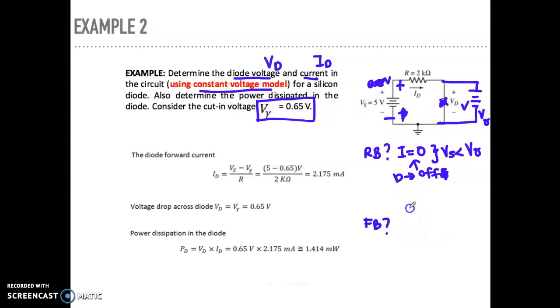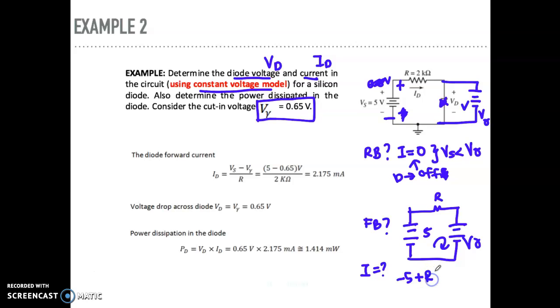Let's redraw: here it becomes 5, and you have a resistor. The diode will be on, and you replace it with V gamma. Now you need to find the current. You can use Ohm's law, I equals V over R, or you can use KVL. What is the KVL here? Minus 5 plus R ID.